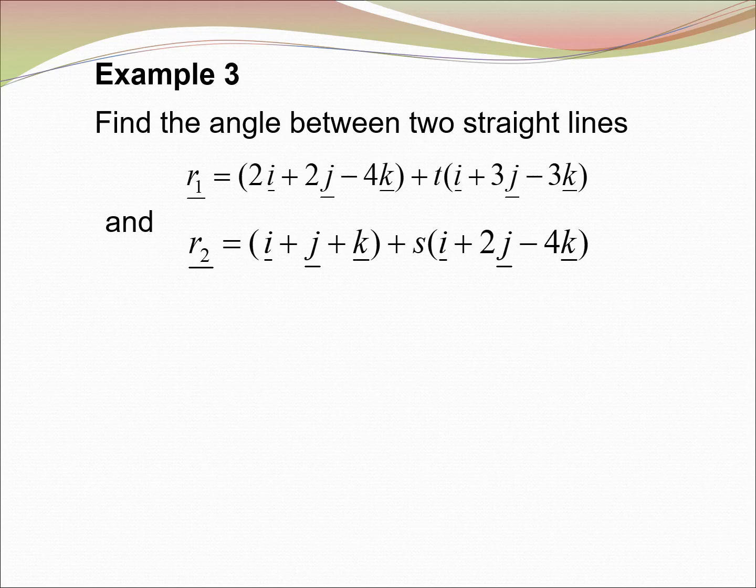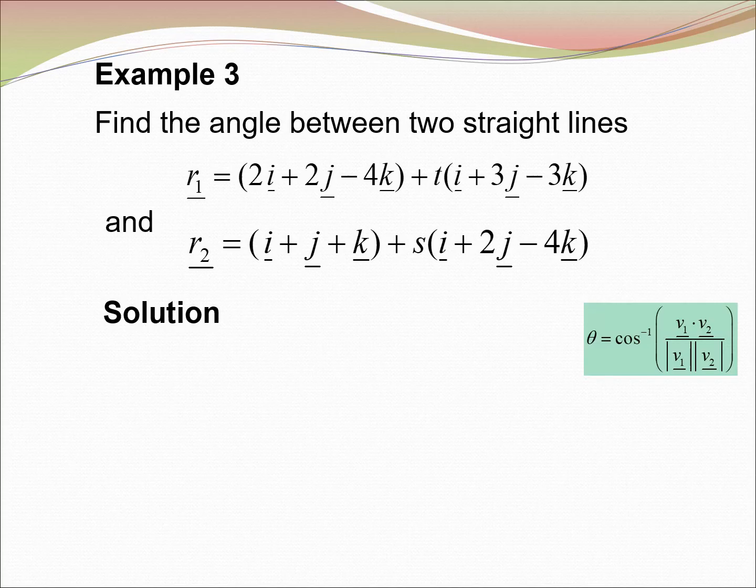Example 3. Find the angle between two straight lines r1 equal to 2i plus 2j minus 4k plus t times (i plus 3j minus 3k), and r2 equal to i plus j plus k plus s times (i plus 2j minus 4k). We know the angle formula is arccos of v1 dot v2 over magnitude v1 times magnitude v2.